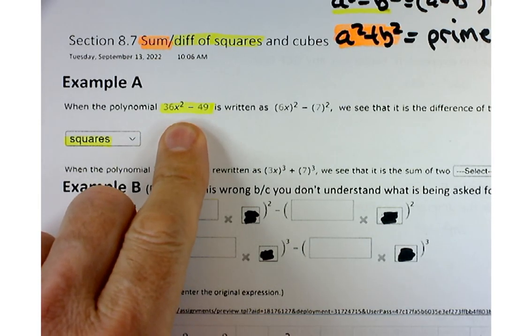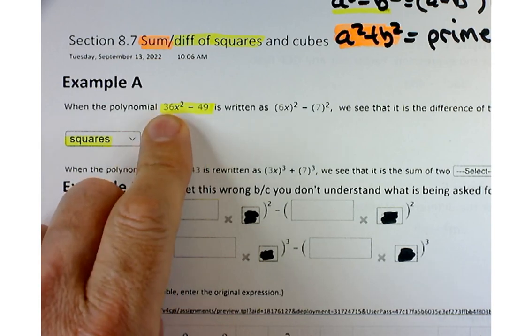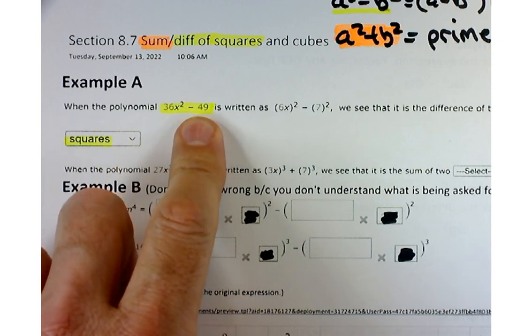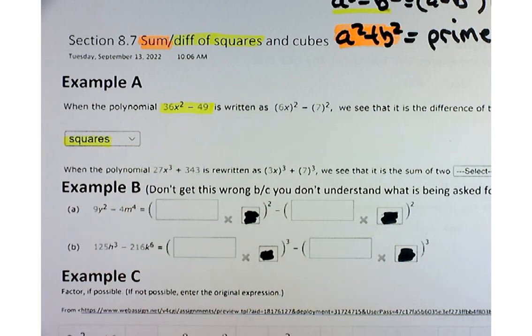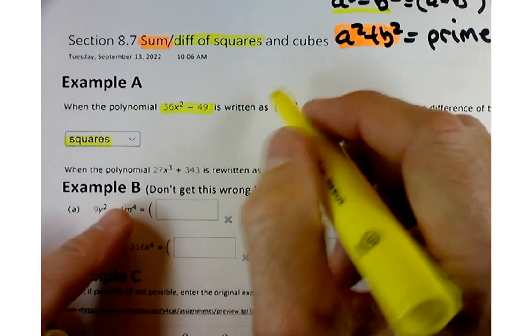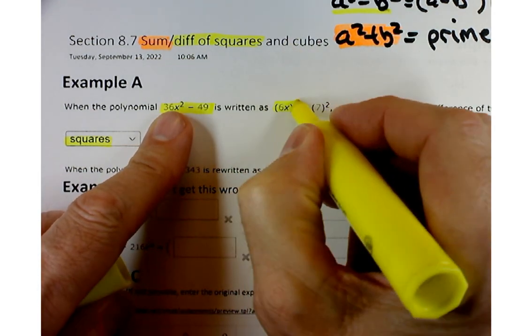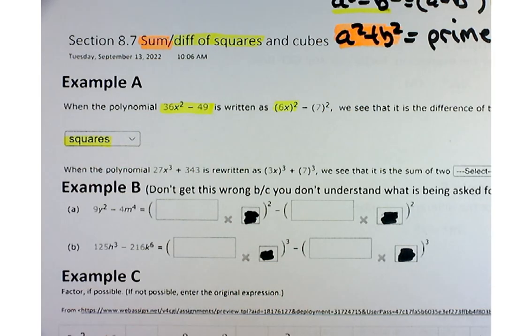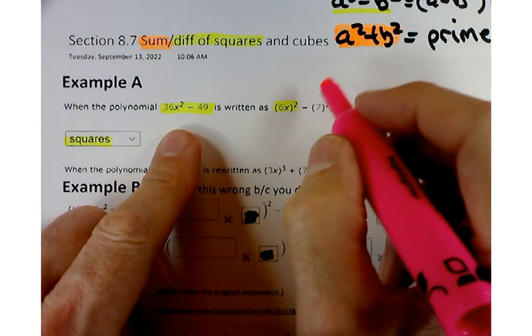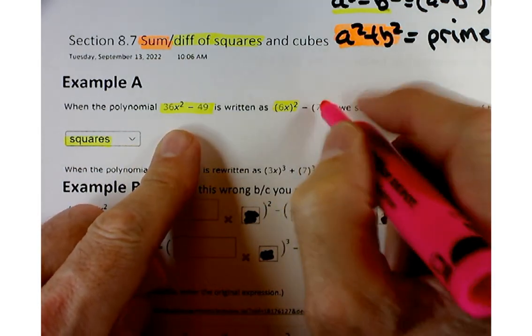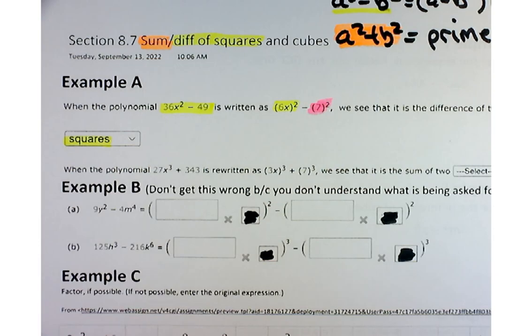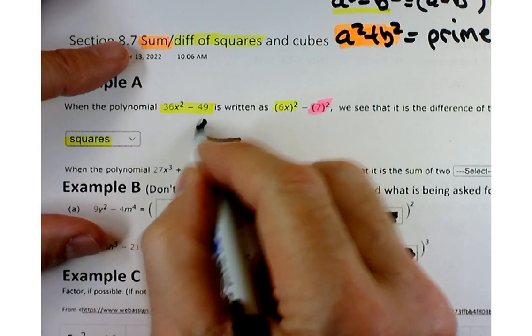What's helpful to notice is that 36 is a perfect square, and 49 is a perfect square, and you start looking at this a little more critically and saying, oh, well, 36 is 6 squared, and x squared is, x is part of that, also squared. So you get that minus 7 squared. So that's writing it as the difference of squares, but let's go a little bit further with this one. This is a good one to start off by practicing.